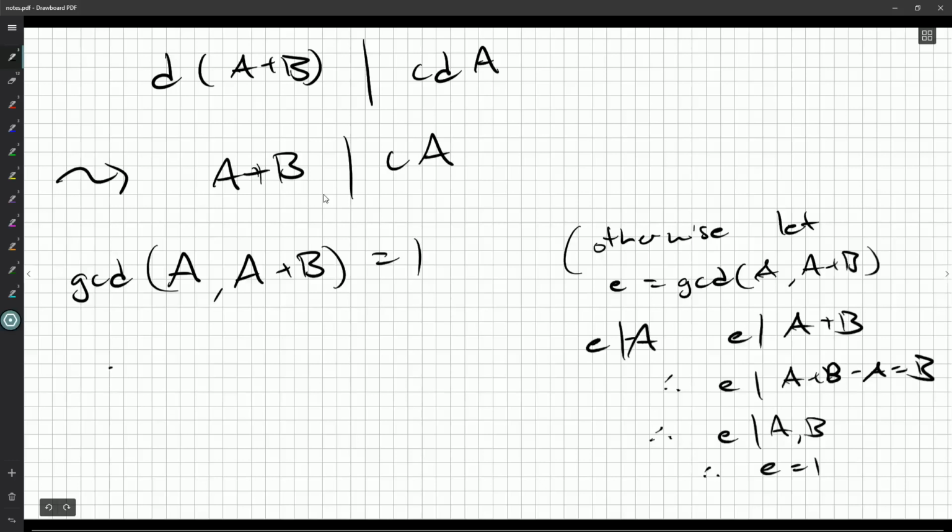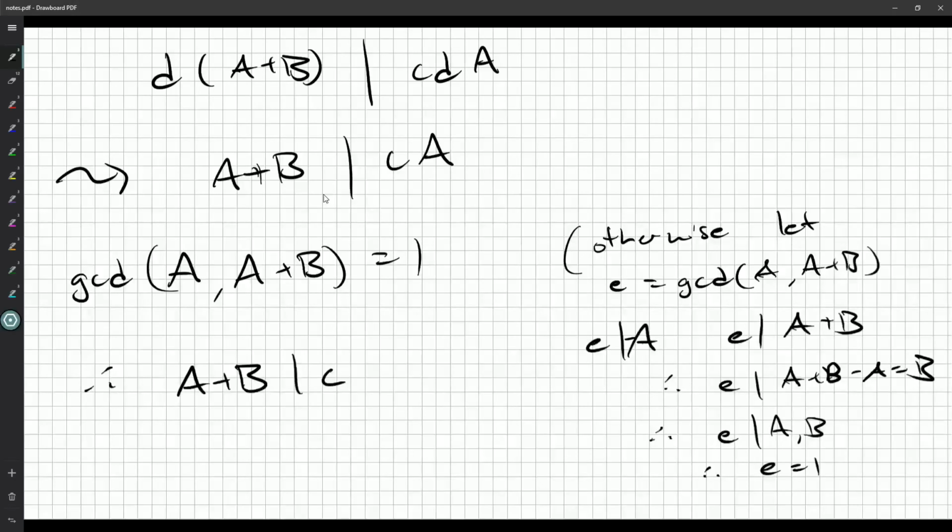Now, since that's the case, that tells me that A plus B must divide C. Capital A plus capital B must divide C.